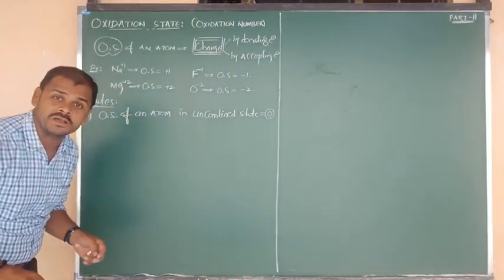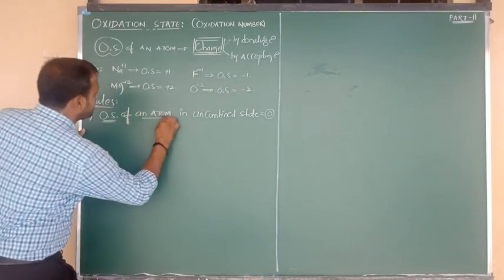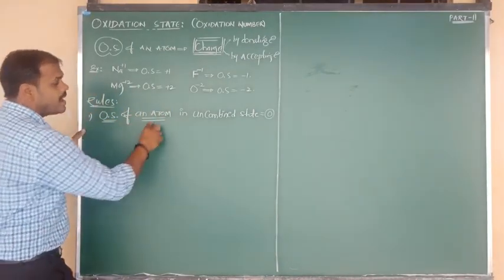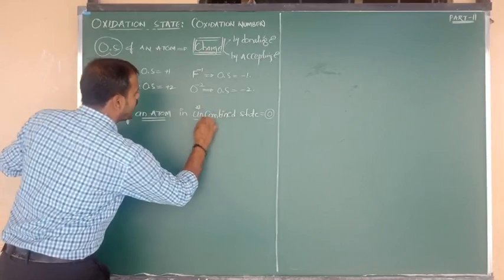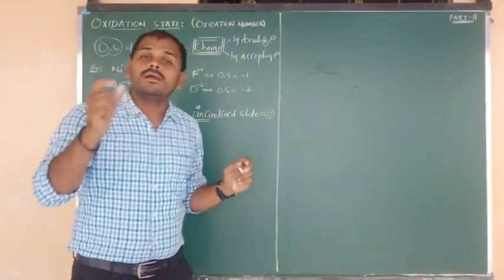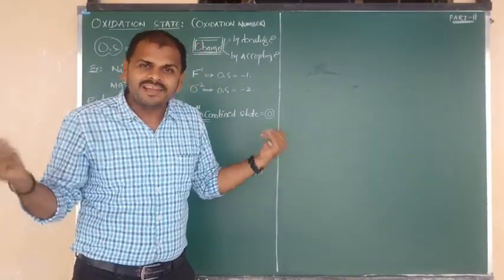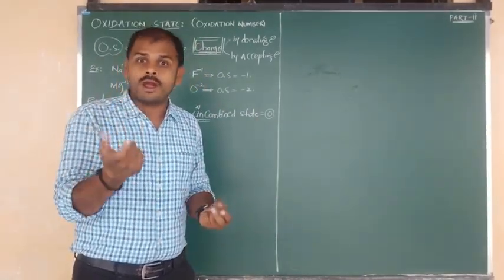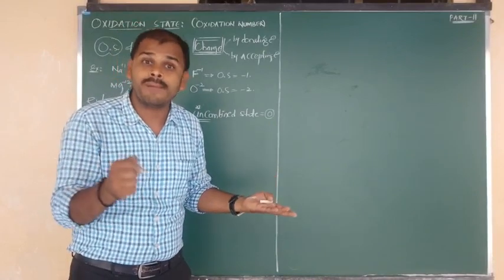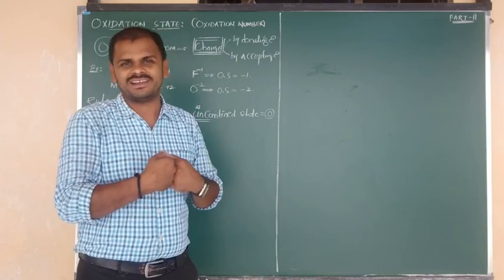Sir, can you give one example? Yes. The oxidation state of an atom, but the condition is that the atom should be in the uncombined state. H is in the combined state, but H2 is uncombined. O, a free atom, is more reactive, that is combined state, but O2 is less reactive, that is uncombined state.